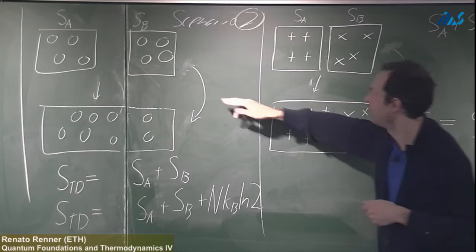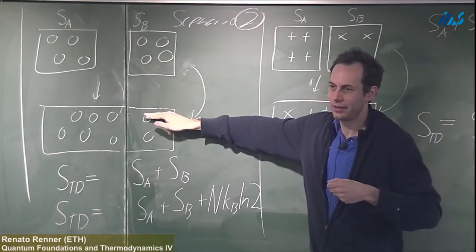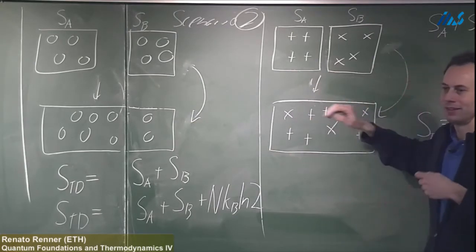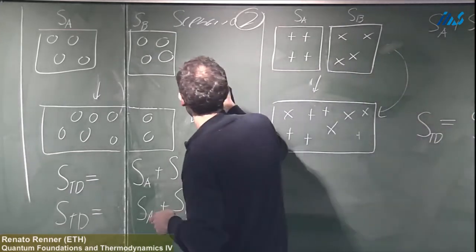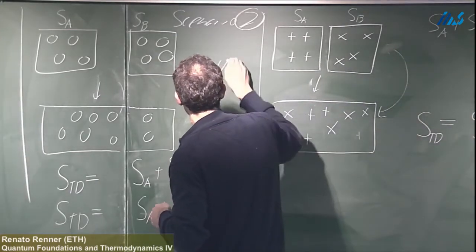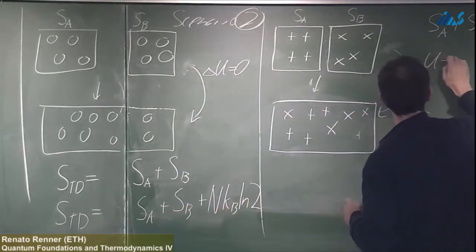So now in this case, this guy didn't get any work. This guy here was able to transform heat into work. At the end here for this guy, the process is of the form, so delta U is 0. So the thing doesn't change. That's true for both of them.